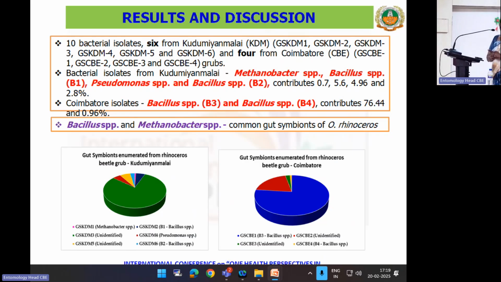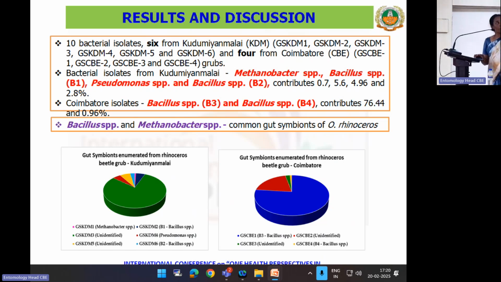In Coimbatore, we have 4 isolates, of which 2 are Bacillus species but with different morphology. In the plating, one is 76%, that is Bacillus species B3, occupying 76% of the gut content, and another one is 0.96%, named B4, that is Bacillus 4.